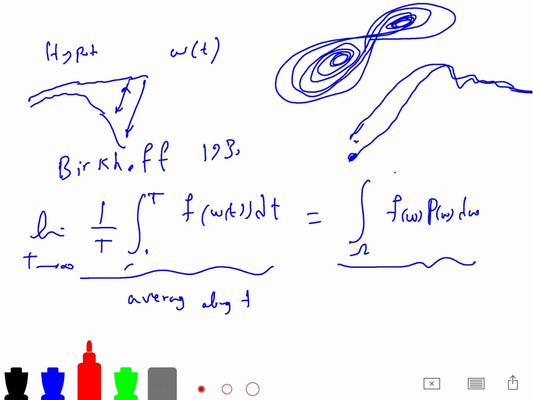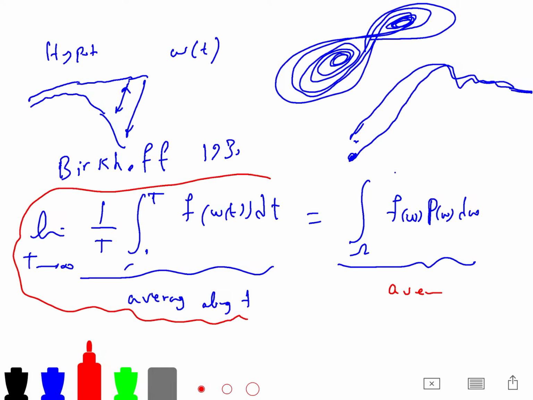And this can be seen as an average over all possible states.